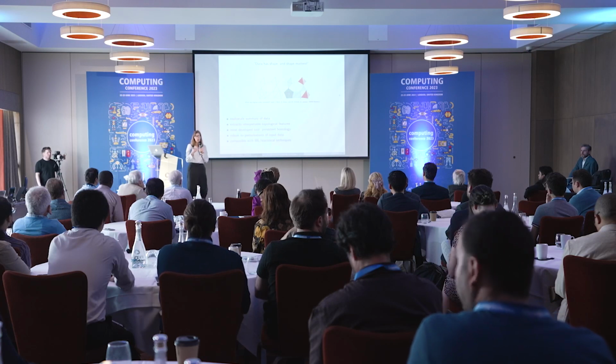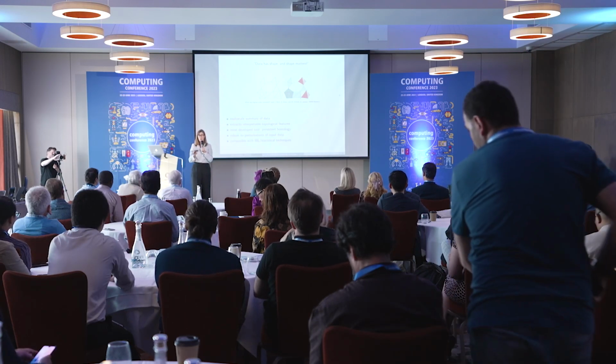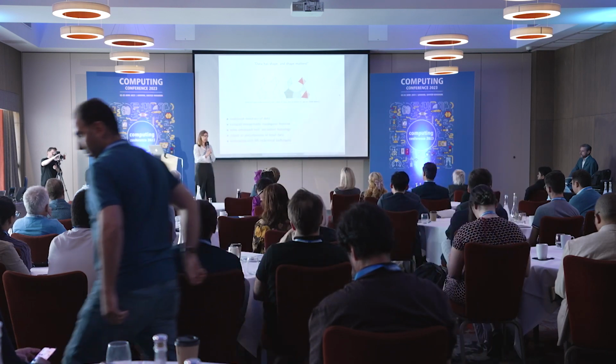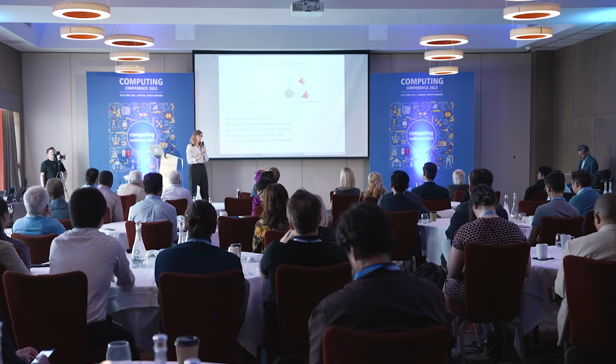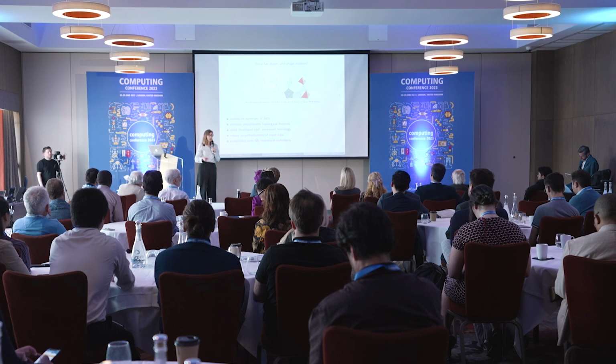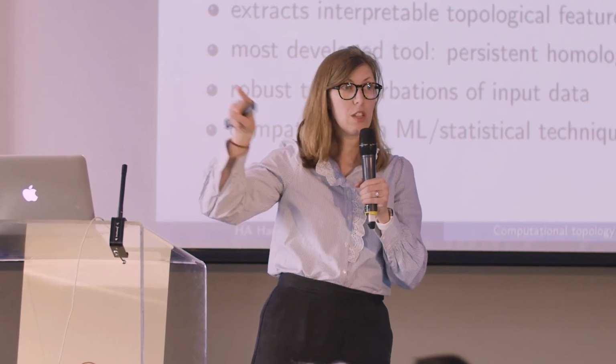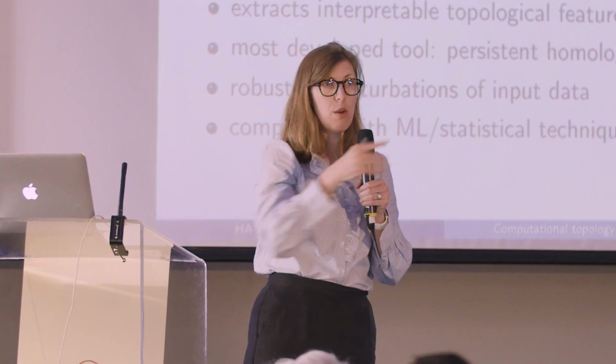Often in data science, you pick some threshold for your data and that's it. You only study at that threshold. We really want to cross all the different thresholds. We also want to cross different biological scales. As I said, we're able to interpret the features in the data, so we can go back to the application domain expert and say, this is why we're finding this, or this is the interesting area in the data.